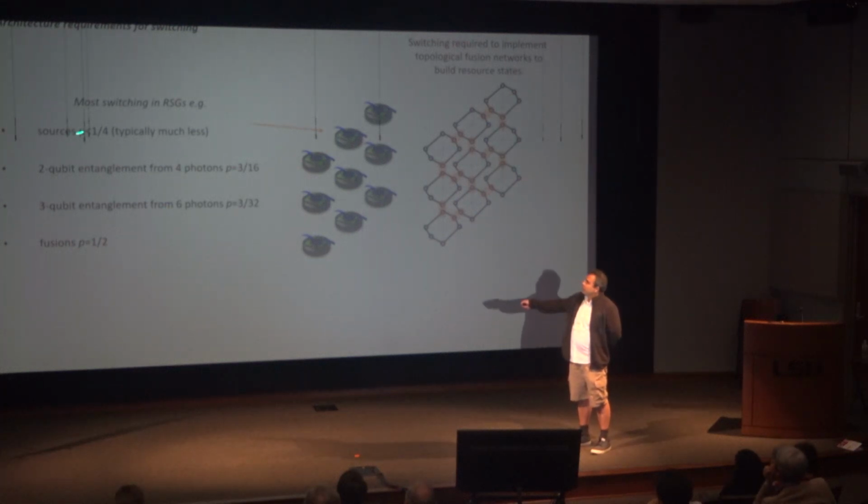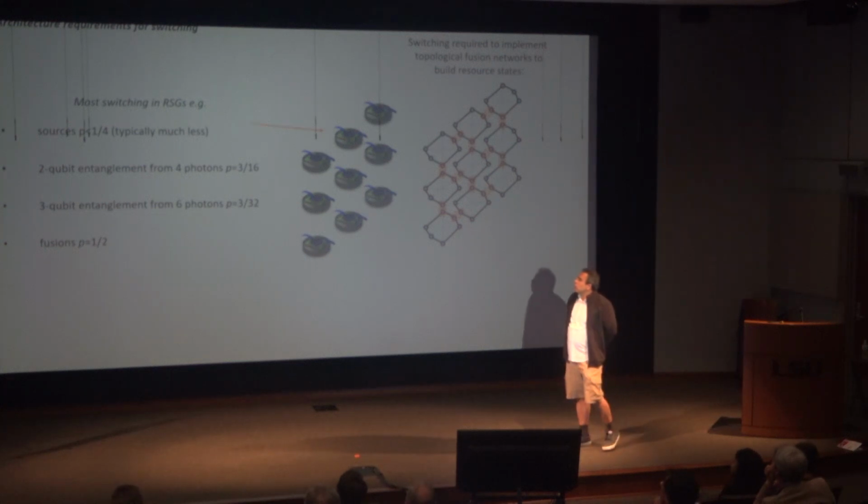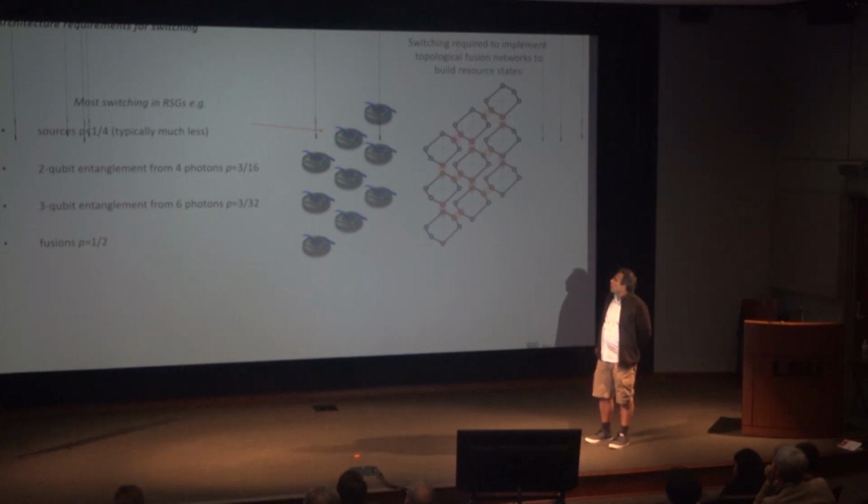And that's because our photon sources are probabilistic. Even in theory, they can never be more than 25% successful. Typical numbers will be 1 to 5%.